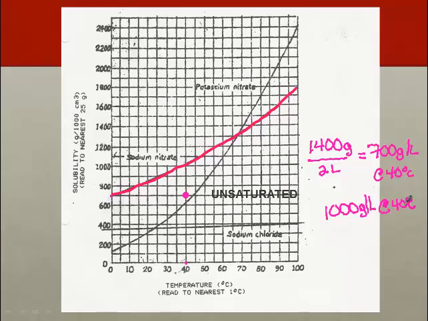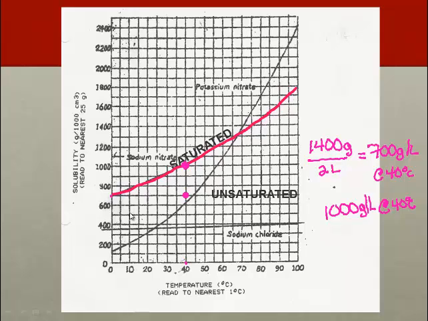So now I look to find my concentration, and I see that it falls on the line. Since it falls on the line, any concentration that falls on the line would be what we refer to as a saturated solution, because I've essentially just dissolved my maximum amount.